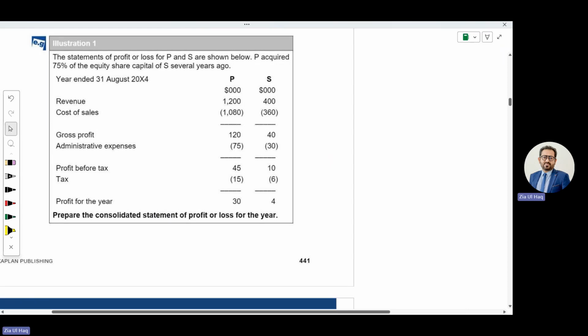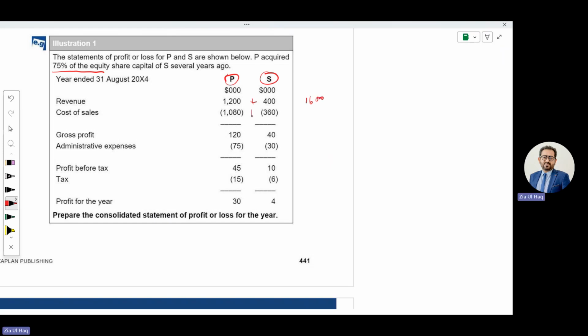Suppose this is the parent company data and this is the subsidiary data, and P has acquired 75% of the equity share capital of the subsidiary. This means 25% holding is of NCI, non-controlling interest. For revenue, we add both together, which becomes 1600.